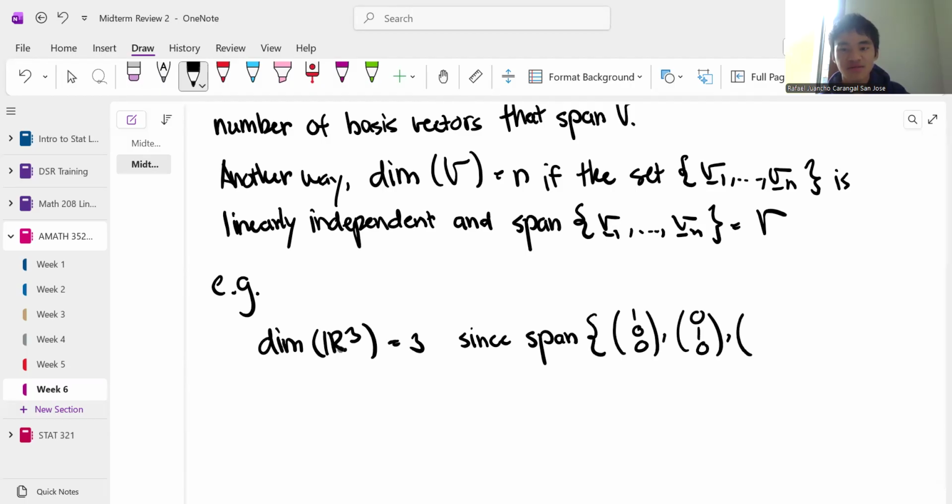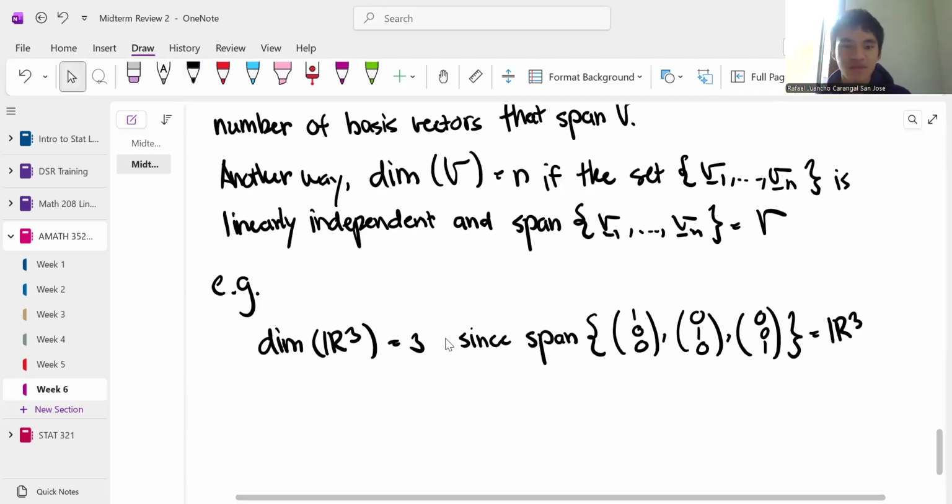So these are basis vectors, and they are linearly independent. And so they span R3, and so they are a basis. And there are 3. The number of basis vectors is 3, and so the dimension is 3. Okay.